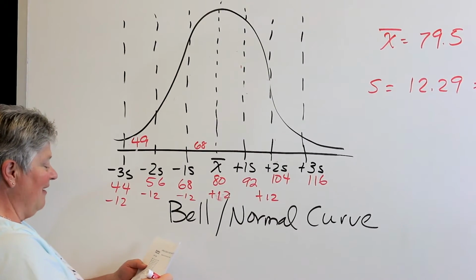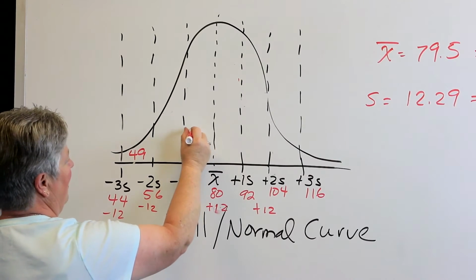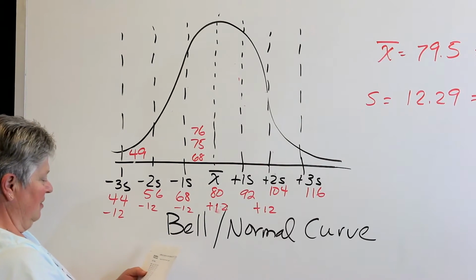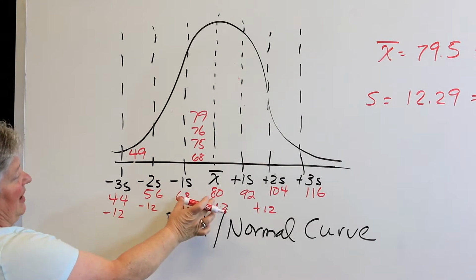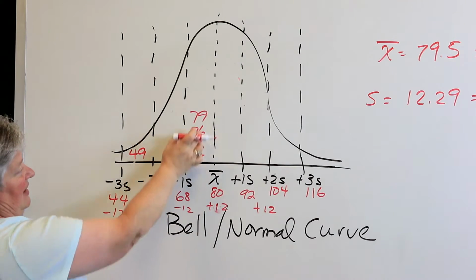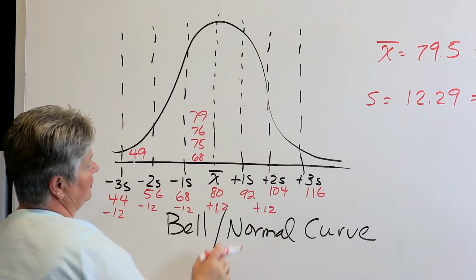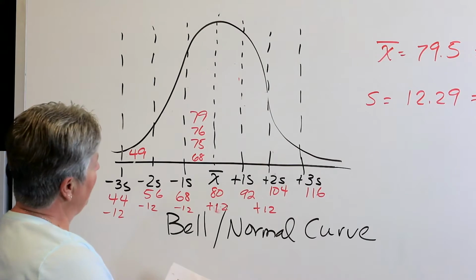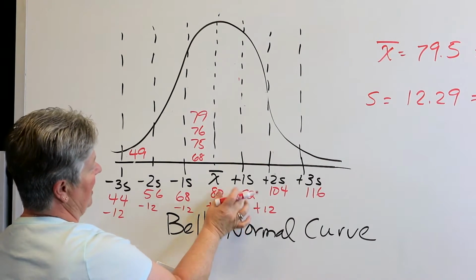We had a 75, a 76, still between here, right? We had a 79, still in here. Do you see where I'm getting these values? These are the test scores we just used. These are the intervals that we set up. We go to 83, and there's actually two 83s, so that's in this category between 80 and 92.